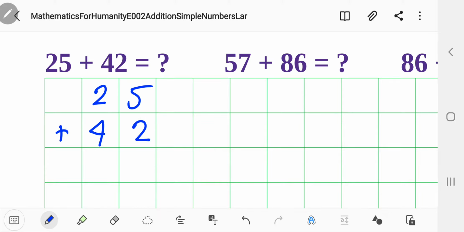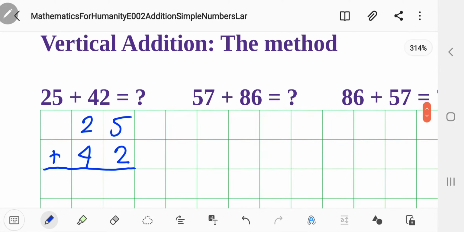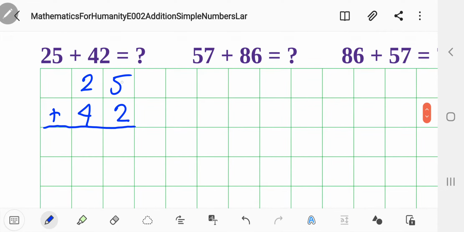You have to add them. This will give us 5 plus 2. If you don't know how to add, you just write the symbols, 1, 2, 3, 4, 5 plus 2. You count them all, and then 1, 2, 3, 4, 5, 6, 7.